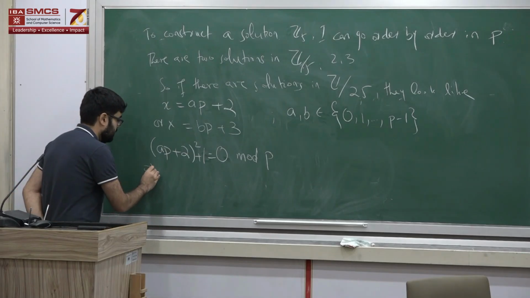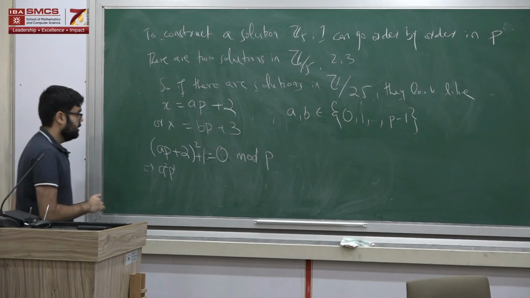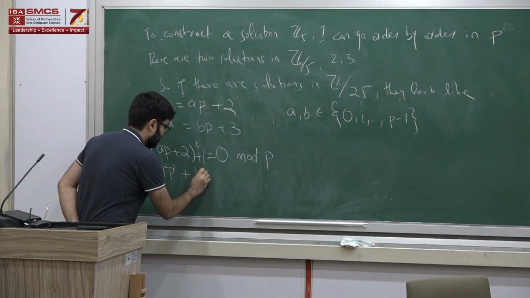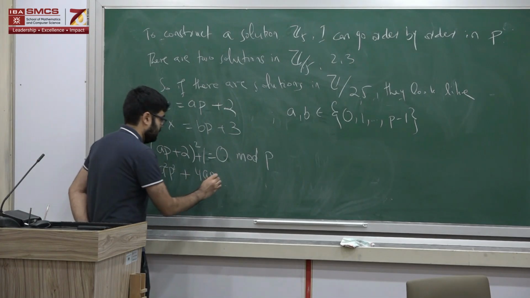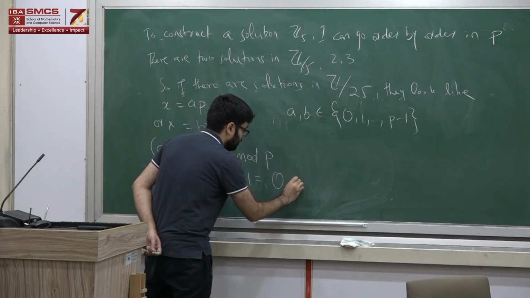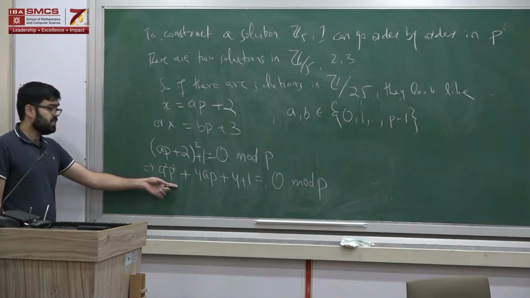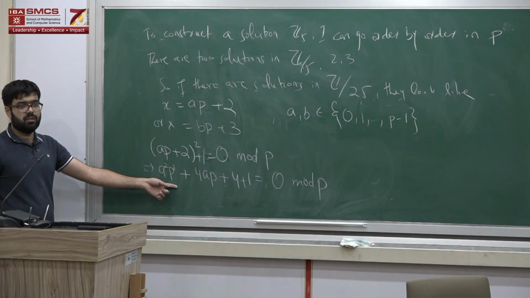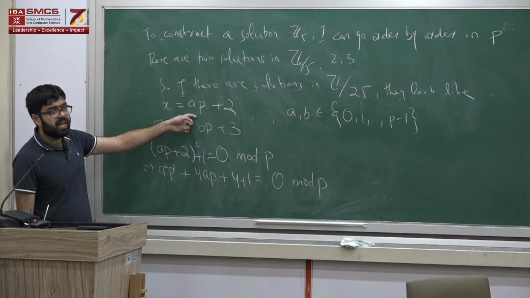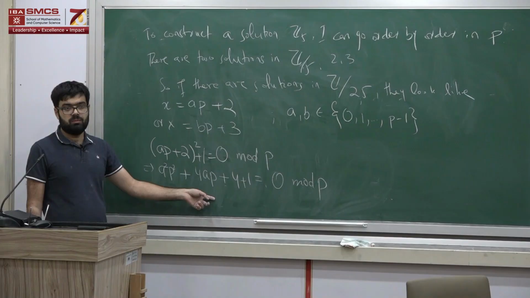This tells me that a squared p squared plus 4ap plus 4 plus 1 is 0 mod p squared. And this is the nice part: this first thing is 0 mod p squared, so although before I had a quadratic equation, I am left with only a linear equation now.